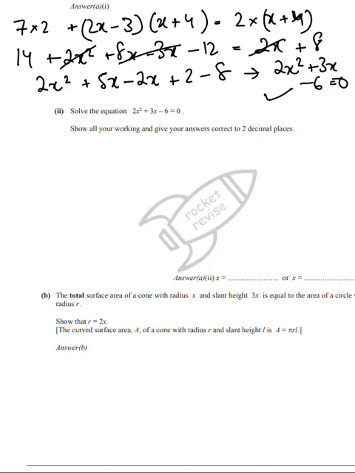Solve the equation 2x squared plus 3x minus 6. Simple as that. Correct to two decimal places. When we have two decimal places, we use the quadratic formula, right? What's the value of a? And what's the value of b? And what's the value of c?